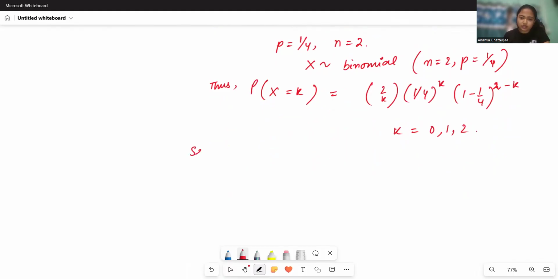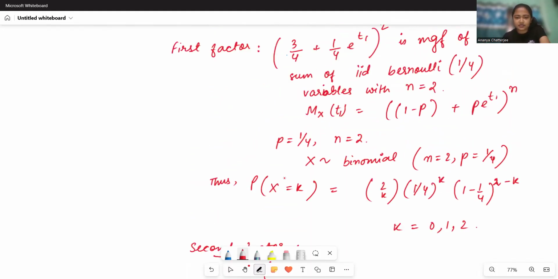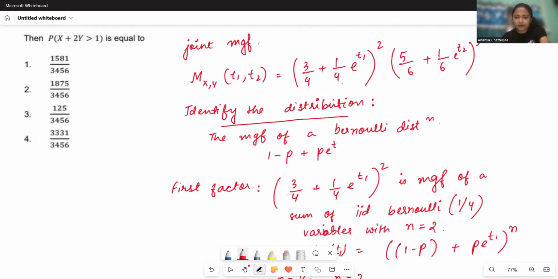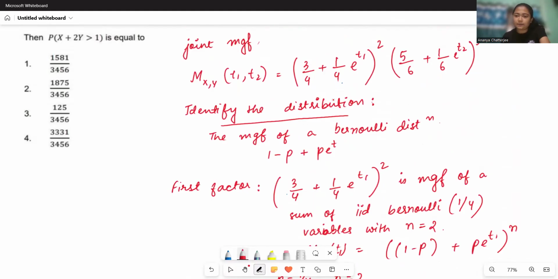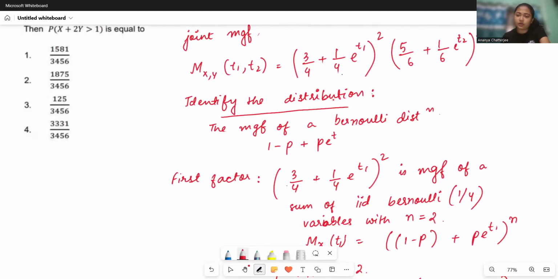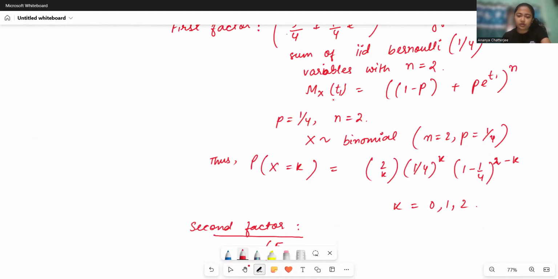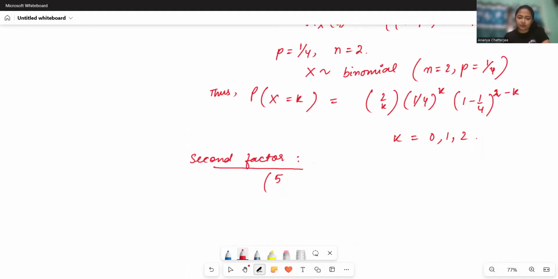Now the second factor here is 5/6 plus 1/6 e to the power t2, whole cubed. That is, 1 minus 1/6 plus 1/6 e to the power t2, whole cubed.